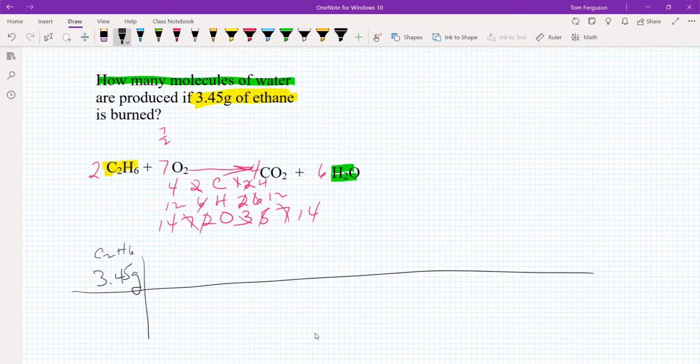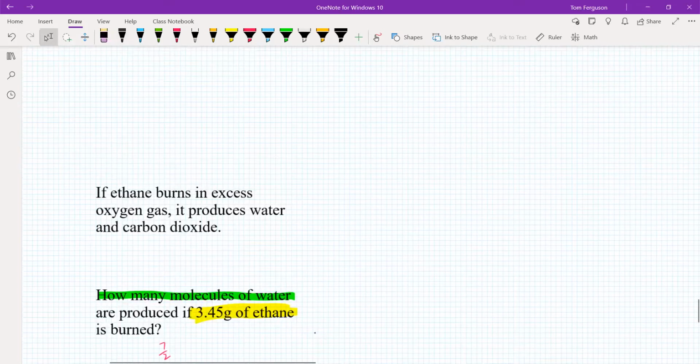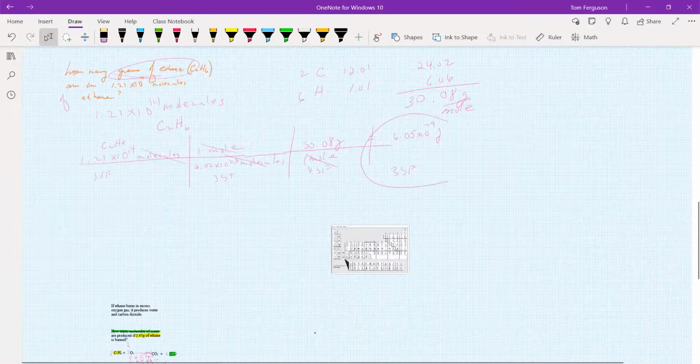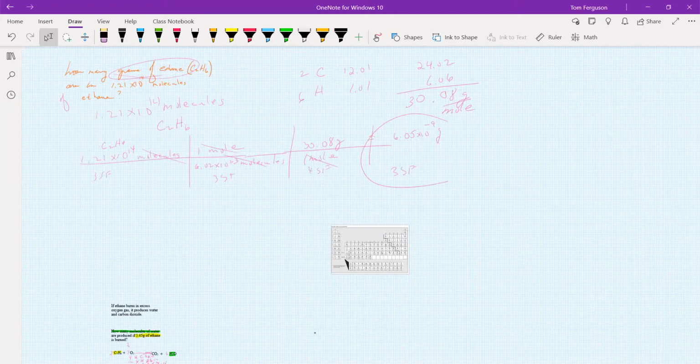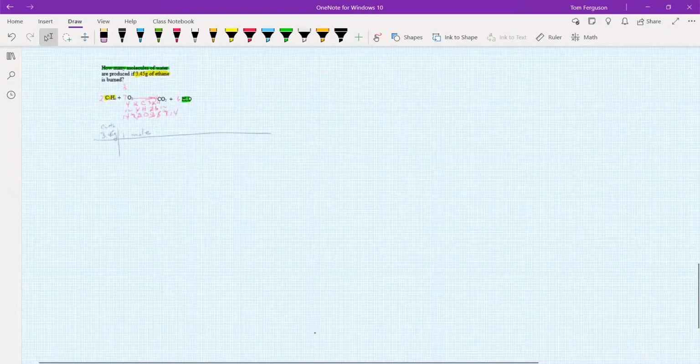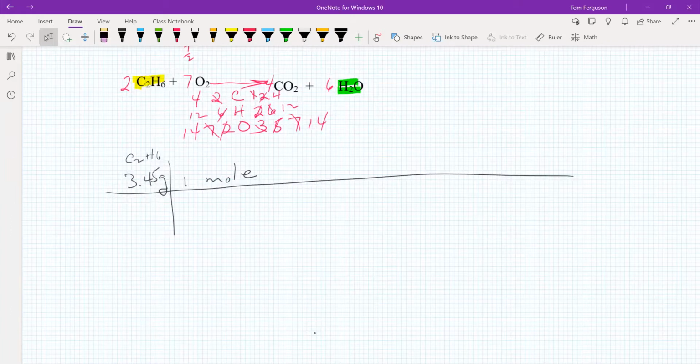Okay, step number 1 is balance the equation. Check. Step number 2 is convert the given in grams to moles. Okay. We already did. Okay, so C2H6 is 30.08, and that's from the periodic table.